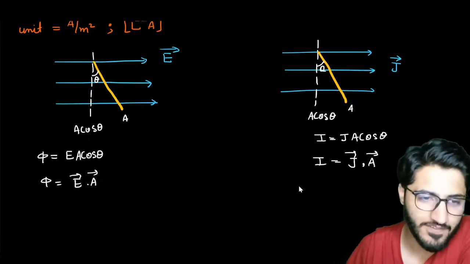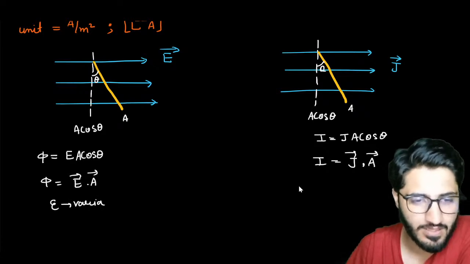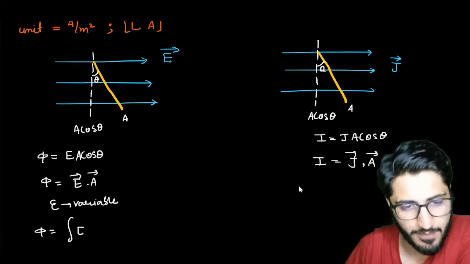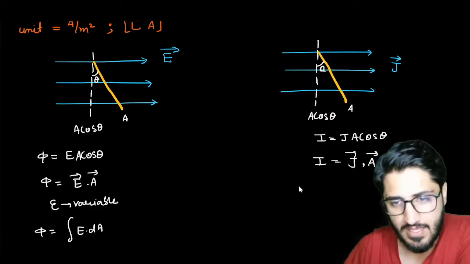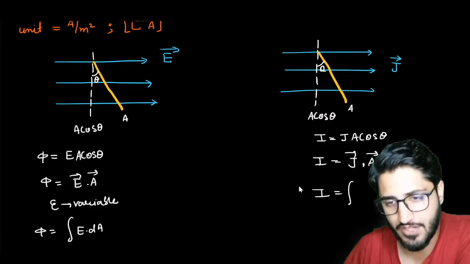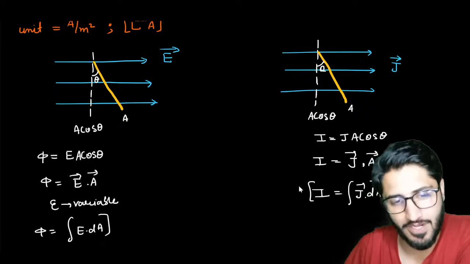Okay. If my E is variable, I know that we need to apply flux as the integration of E dot dA. If here my J is variable, I can write I as the integration of J dot dA. So these are some formulas.